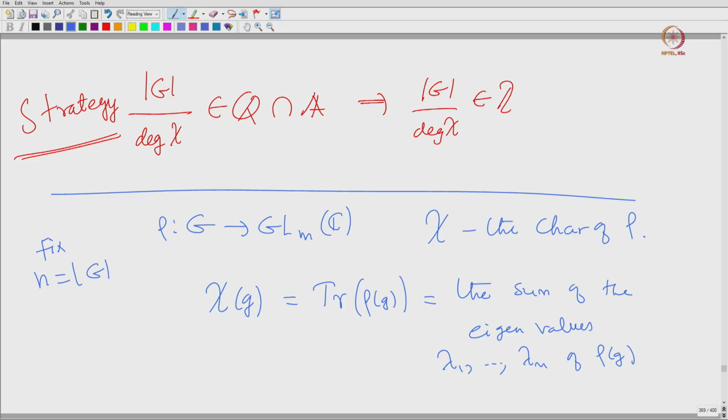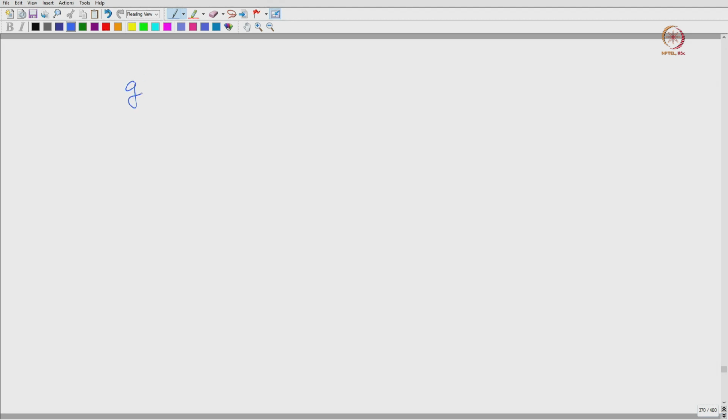Note that n being the order of G, it is clear that g to the power n must be the identity. This comes from Lagrange's theorem. Since g to the power n is the identity, by applying rho we see that rho of g also satisfies this. So rho of g satisfies the polynomial x to the power n minus 1.